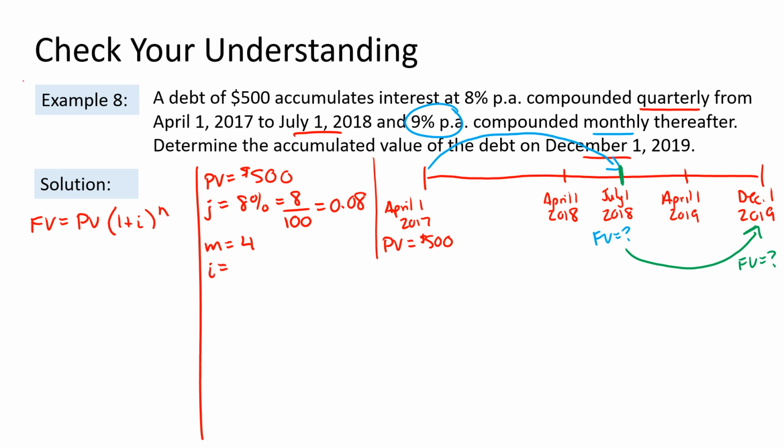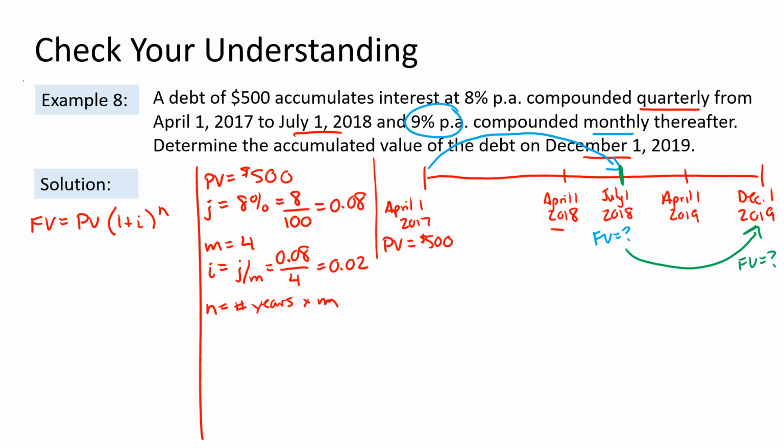So we can find our periodic rate of interest, i, which is equal to j divided by m, which is 0.08 divided by 4, which is 0.02. Our last piece of the puzzle is to find our total number of compounding periods, n. That's equal to our number of years times our number of compounding periods per year. We're going from April 1st, 2017 to April 1st, 2018. That's 1 year.